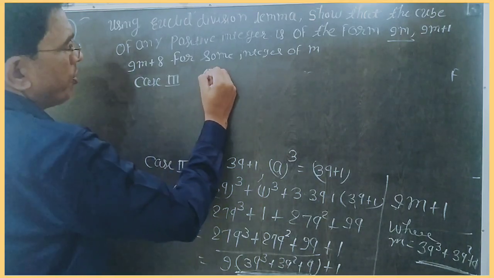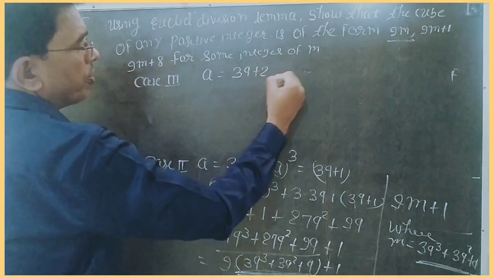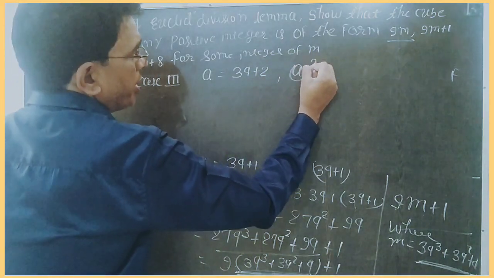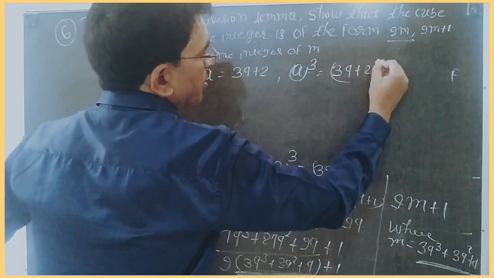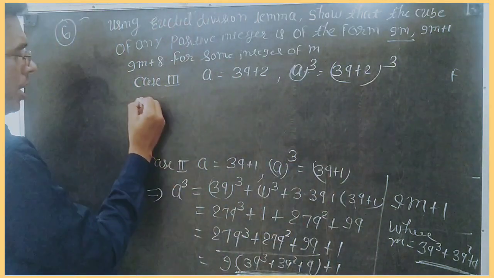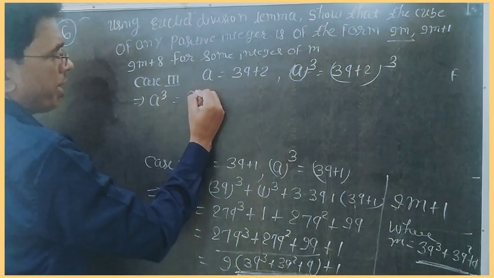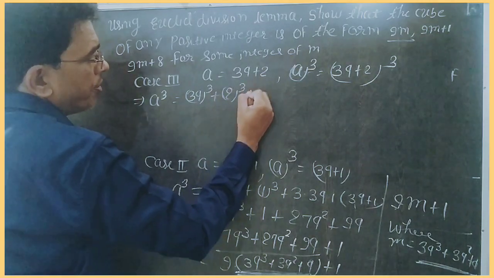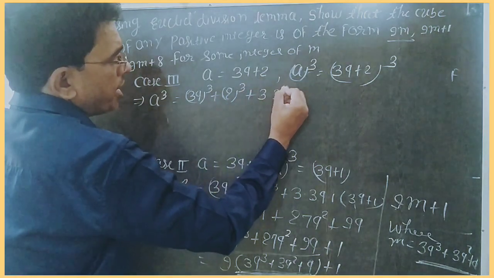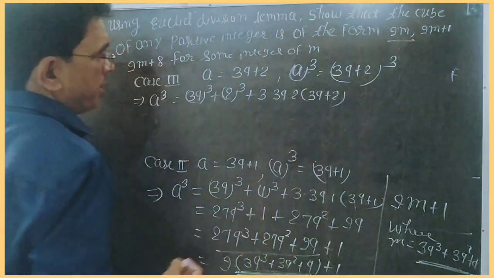a is equal to 3q plus 2. Cubing both sides, write a cube is equal to (3q plus 2) whole cube. And here you write a cube plus b cube plus 3ab brackets a plus b.